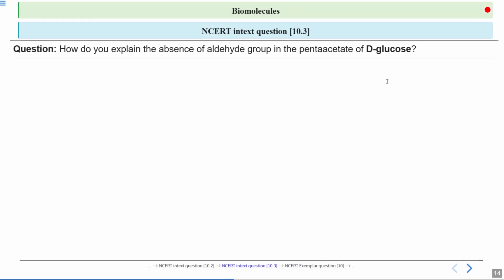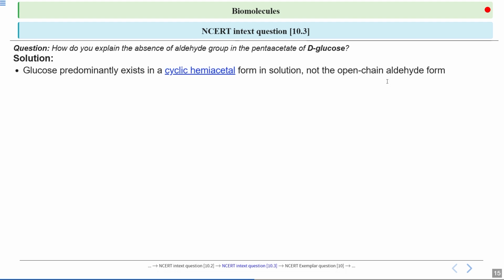Now moving on, how do you explain the absence of aldehyde group in the pentaacetate of D-glucose? Glucose doesn't usually exist as a chain molecule in solution.